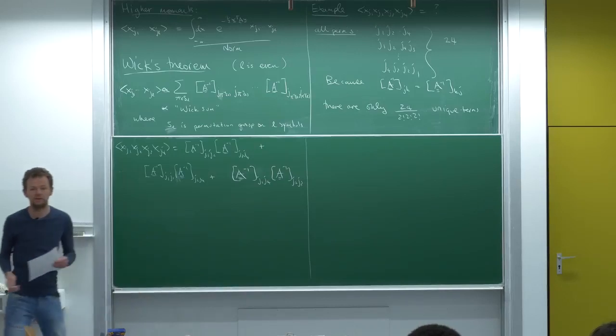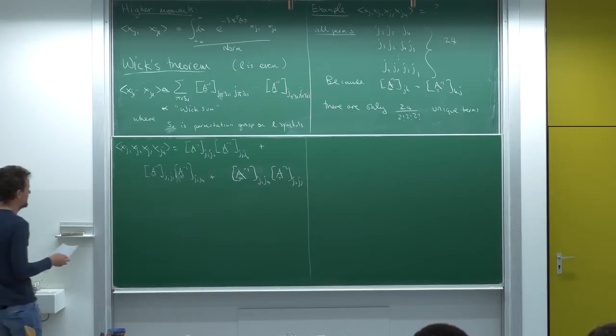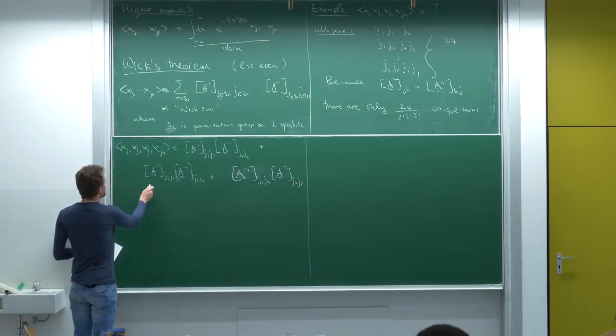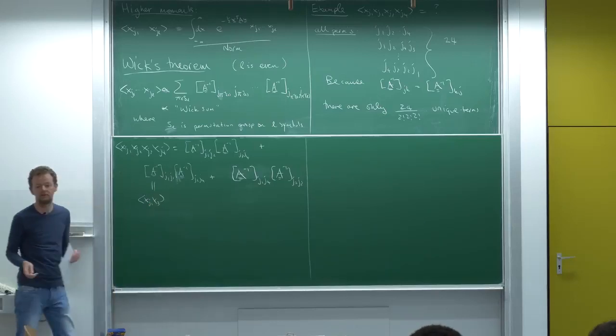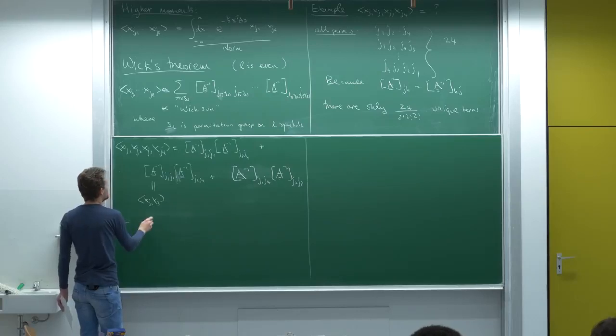There are the 3 unique terms that can come after you exploit the symmetry of the matrix A. But because we have another word for A inverse, it's A, J1, J3, in this case there. So we have this very beautiful expression for the 4-point function in terms of just 2-point functions.